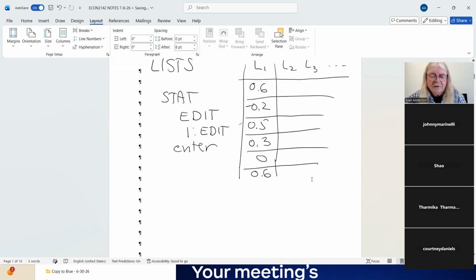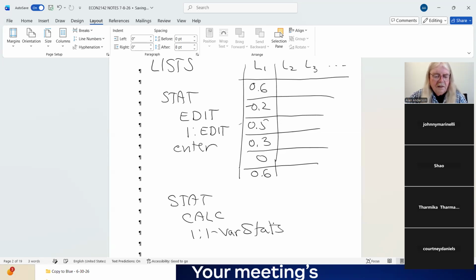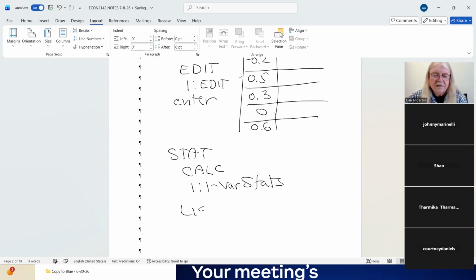And then what I showed you is that if you hit the stat button again, and this time instead of edit, you scroll over to the calc menu with the arrow key. The one on top is the one we want. And by the way, when you get to that point, you're going to have to tell it where your list is, a list of data.